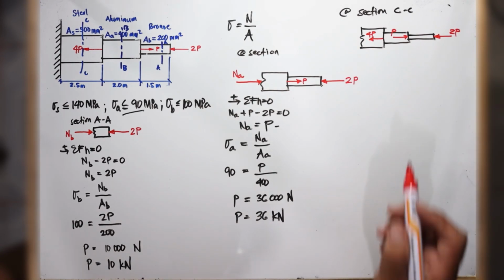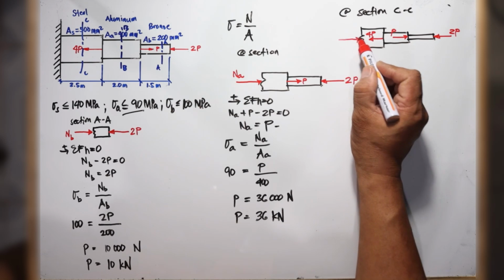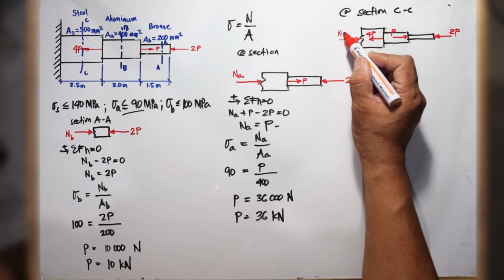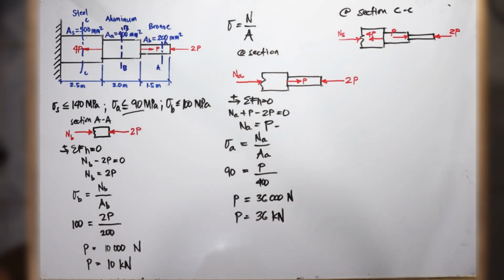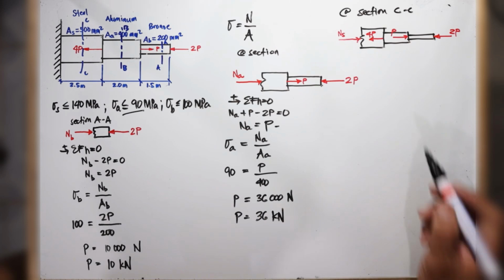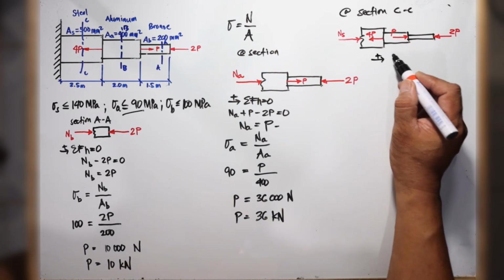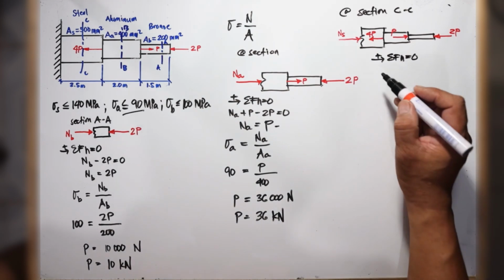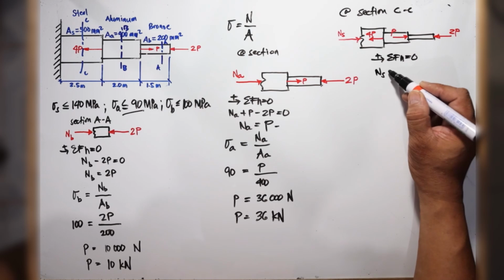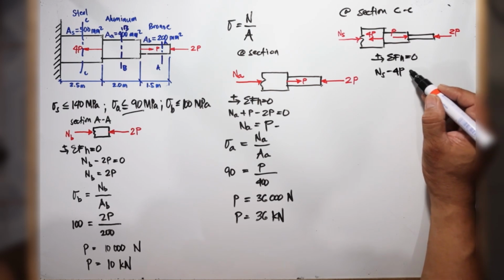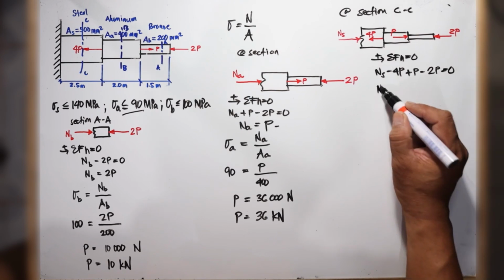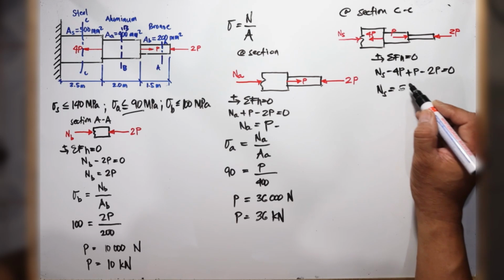Okay, so again, our internal force resisting all these external forces will be N sub S for steel. So summation of horizontal forces, considering forces to the right as positive. So we have N sub S minus 4P plus P minus 2P equals 0. N sub S is 5P.